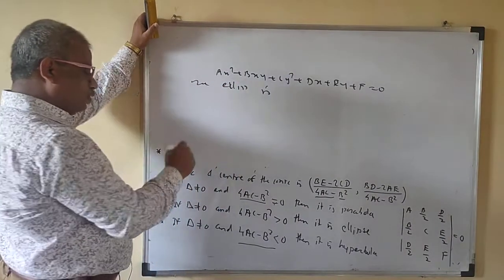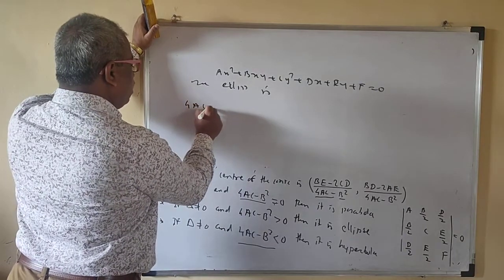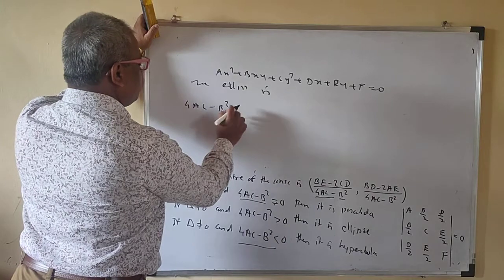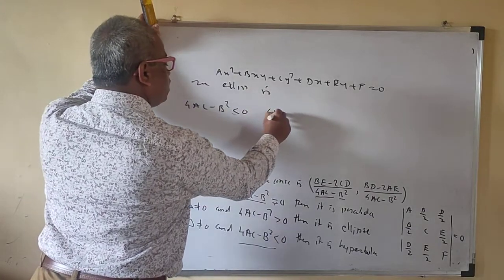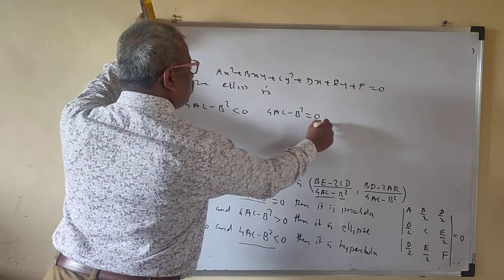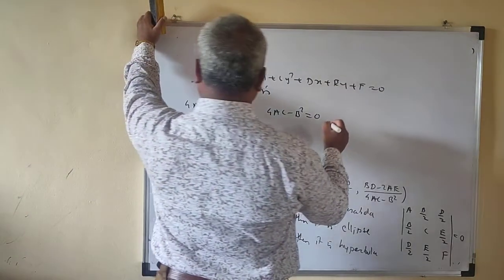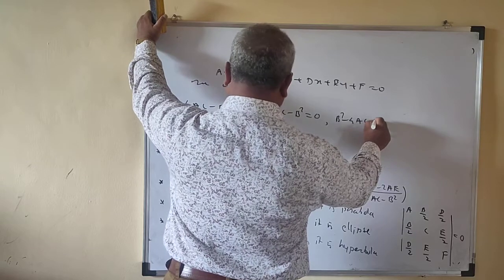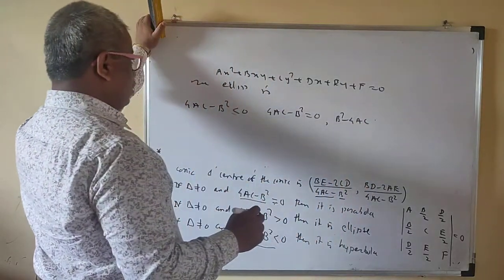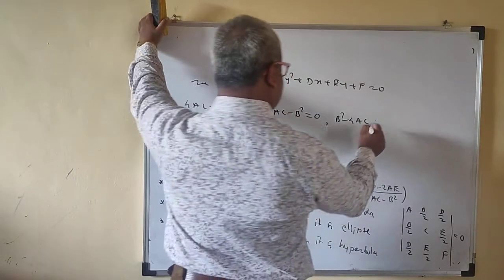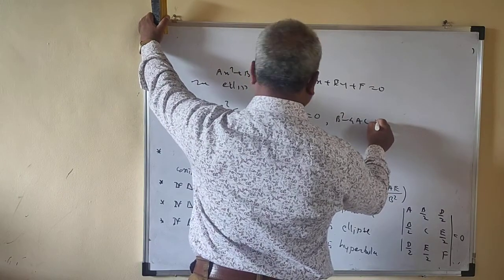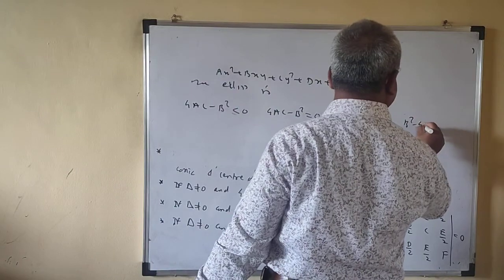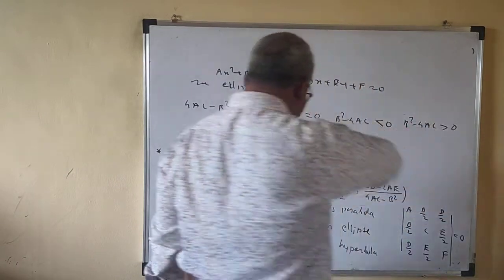If this option may be given to you: 4ac minus b square is less than 0, 4ac minus b square is equal to 0, then b square minus 4ac is less than 0, and b square minus 4ac is greater than 0.